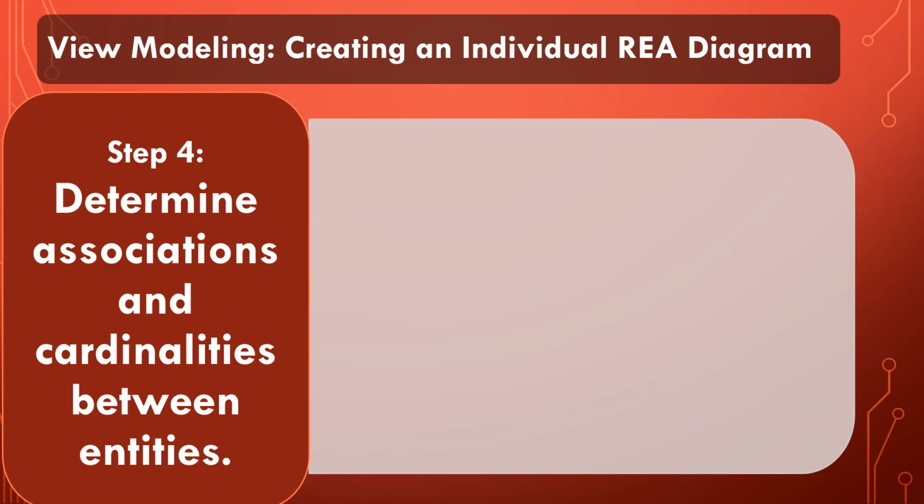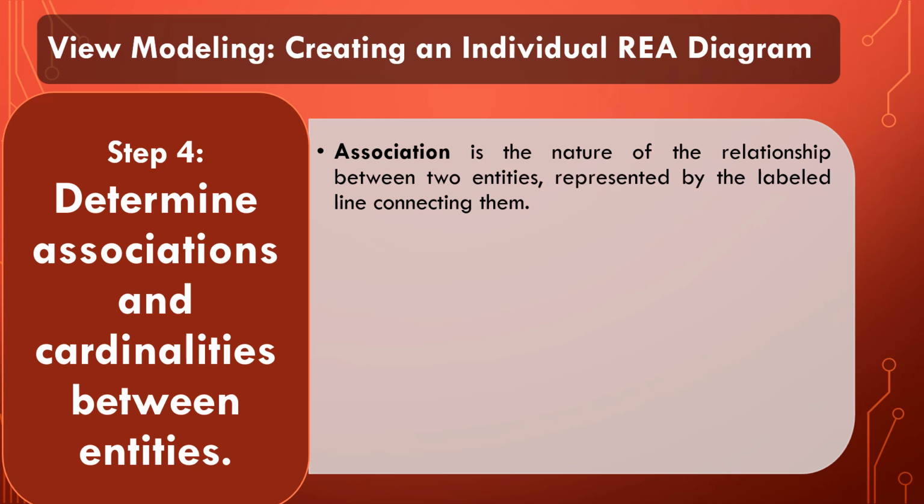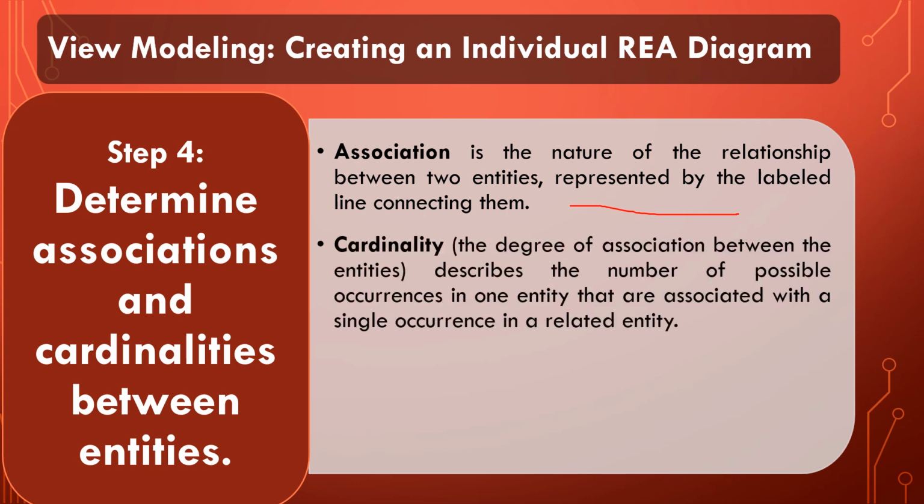Step 4 in creating an REA diagram is to determine the associations and the cardinalities between the entities. The association is the nature of the relationship between the two entities, represented by a labeled line connecting them. The cardinality explains the degree of the association between the entities.